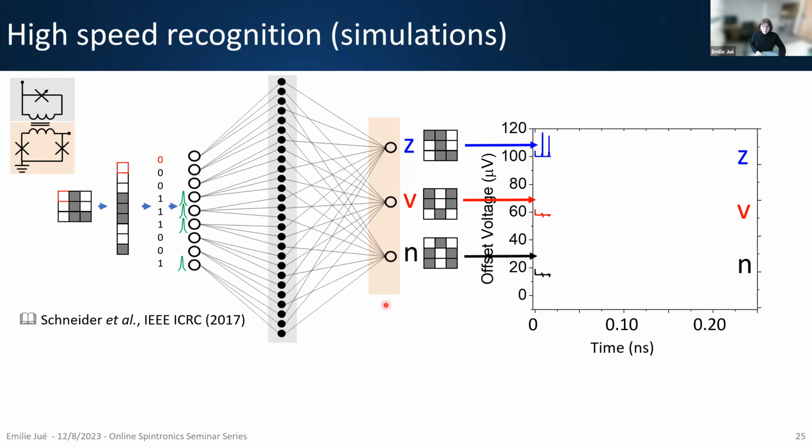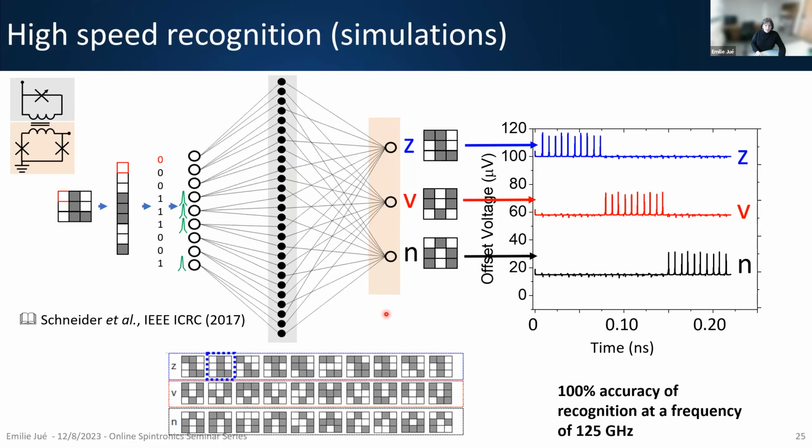By doing that, we can analyze all the images of Z, V, and N with any 1 pixel input noise variation. We can inject all these images successively in the network, and every time we obtain a single spike for the right letter. So with this very simple model, we obtain 100% recognition accuracy.